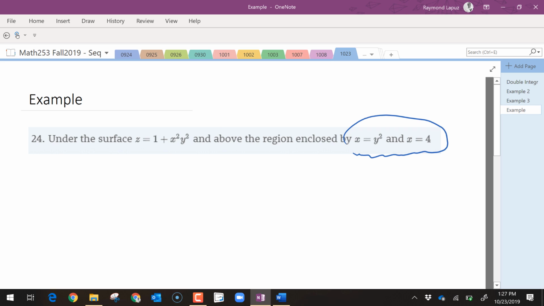All right, so the first thing we want to do is to handle this region. This is a sideways parabola. X equals 4 is a vertical line.